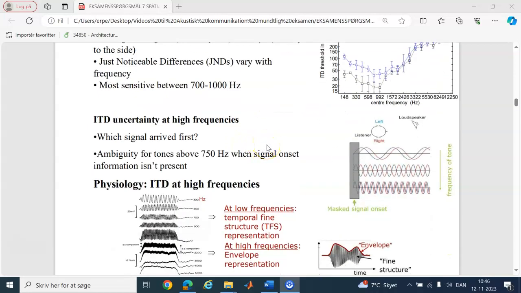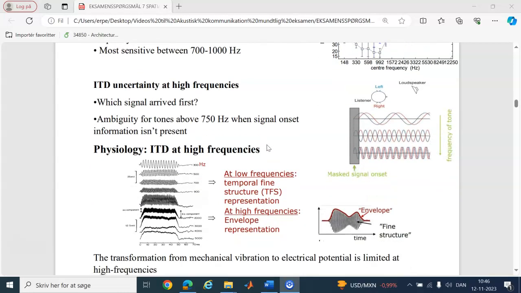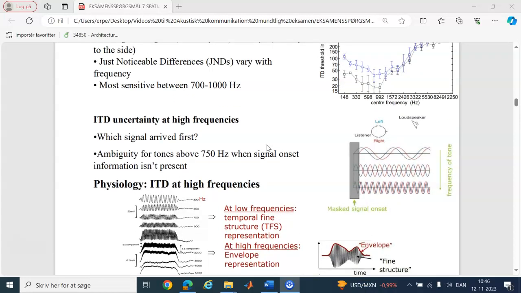ITD uncertainty at high frequencies. Which signal arrives first? There can be some phase problems here. There is ambiguity for tones above 750 Hz when signal onset information isn't present. So there's ambiguity for frequencies above 750 Hz for ITD.